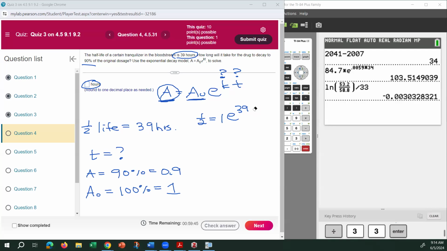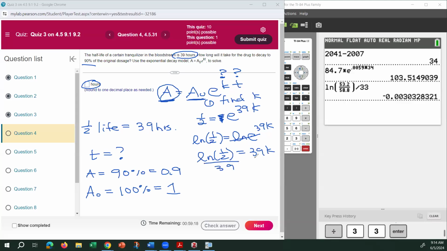So first we have to find K. And so to find K, we can ignore this one. We're going to do ln of both sides. e^(39K). ln of e is just 1, so we have ln of half is equal to 39K.